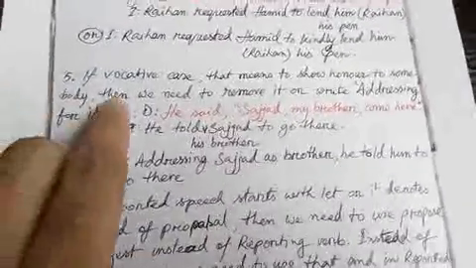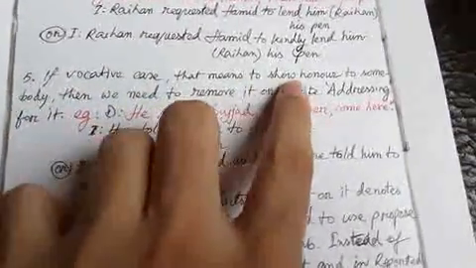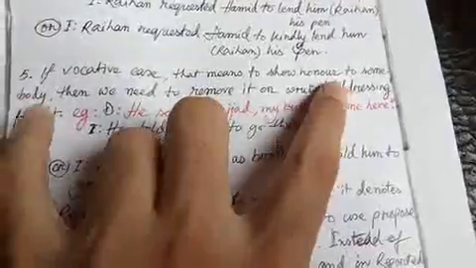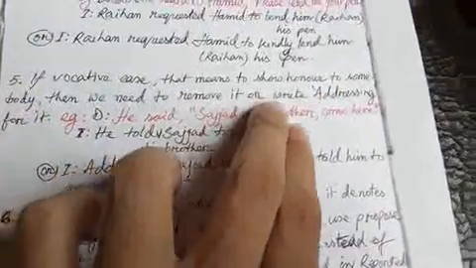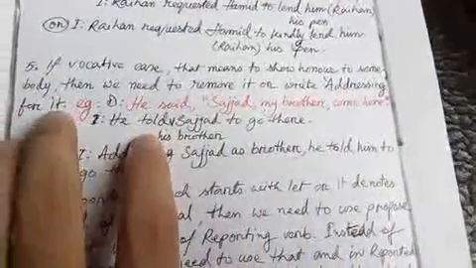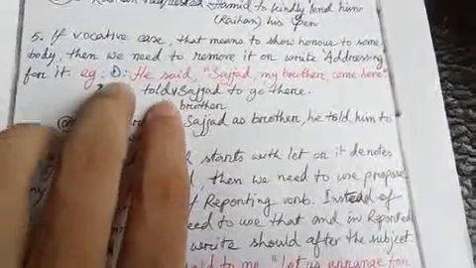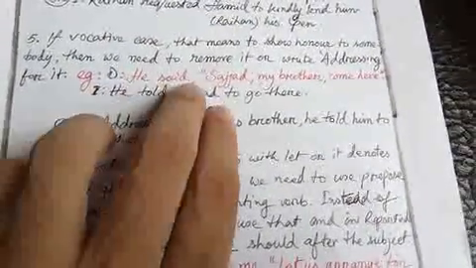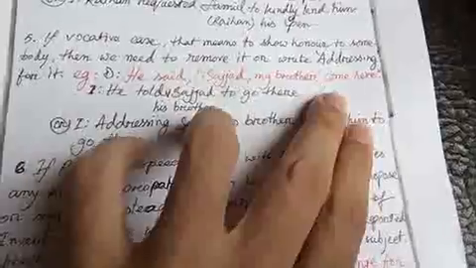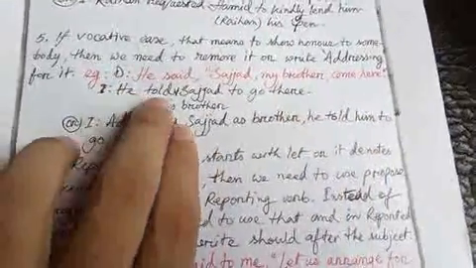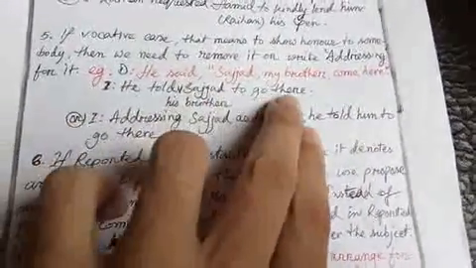Okay, if there is a vocative case, that means to show honor to somebody, then we need to remove it or write addressing for it. So what is the example? He said, Shajjat, my brother, come here. You have to write down, he told his brother Shajjat to go there.